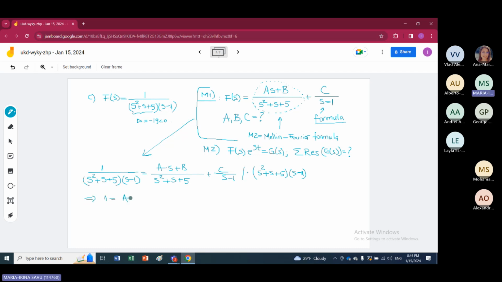So what's A times s plus B times s minus 1, plus C times s squared plus s plus 5. So 1 is s squared times A minus s times A from here, plus B times s minus B plus C times s squared plus C times s plus 5C.